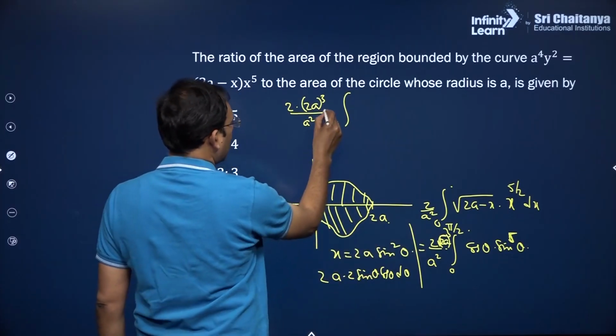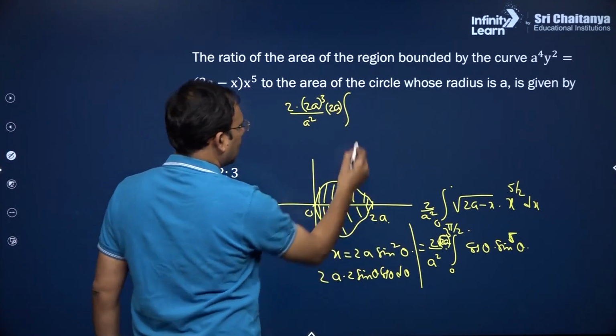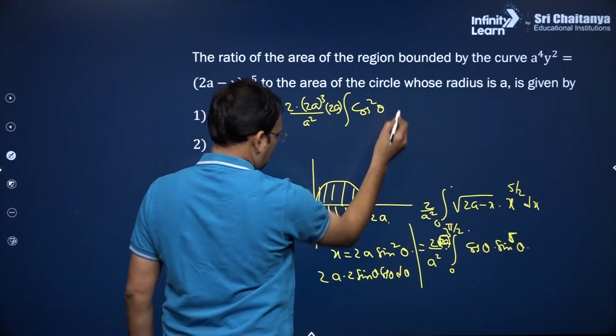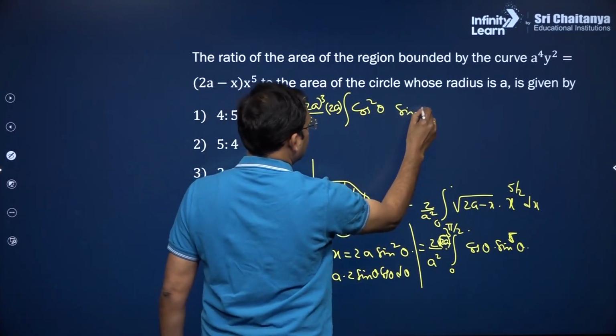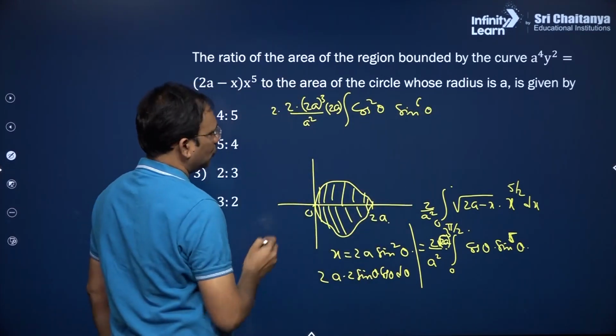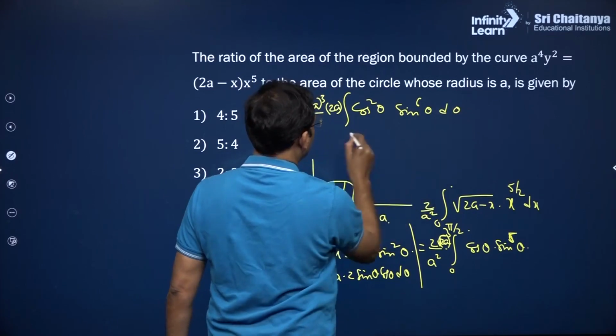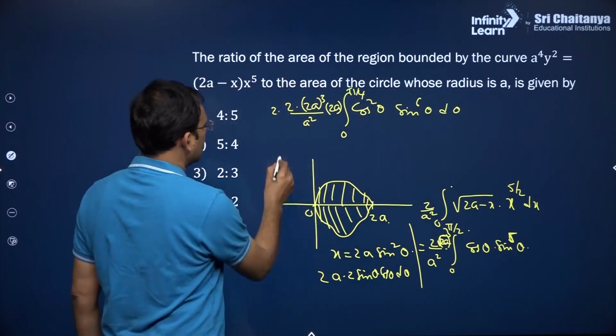You see another 2a also comes, my dear friends, here. So cos theta, another cos theta will become cos square theta, and sin power 5 theta into sin theta will become sin power 6 theta, and one more 2 has also come here, 2 d theta, integral 0 to pi by 2. So this Wallis formula helps to find this, my dear friends.